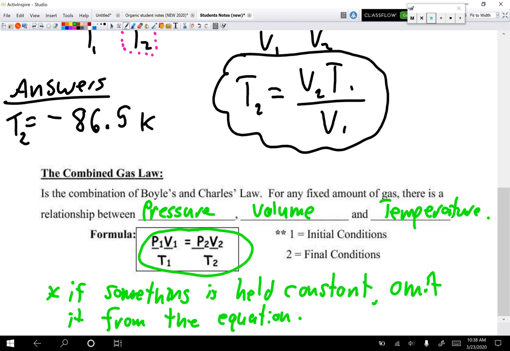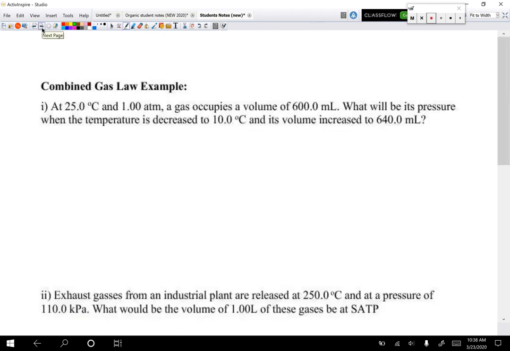And the reason for that, if P1 and P2 are the exact same, they're just going to cancel out. So this is how you know that if you're reading a question that says that temperature is held constant or pressure is held constant, just omit it from our combined gas law. So let's look at actually using this inside of equations. We'll look at our first example.